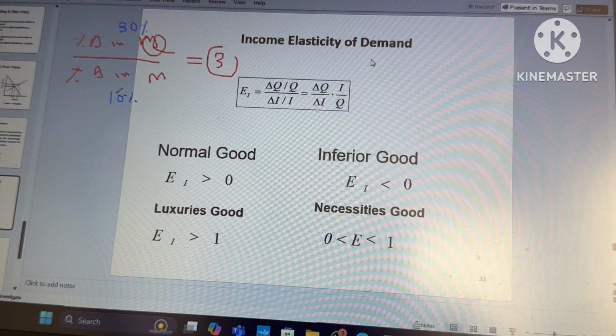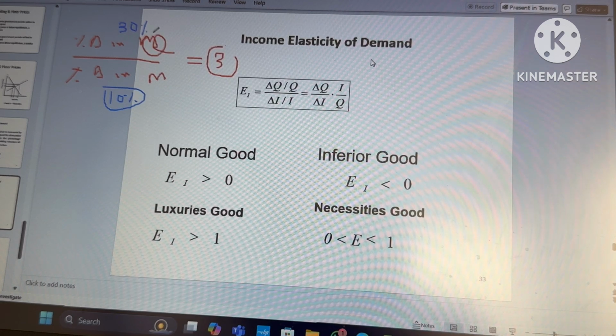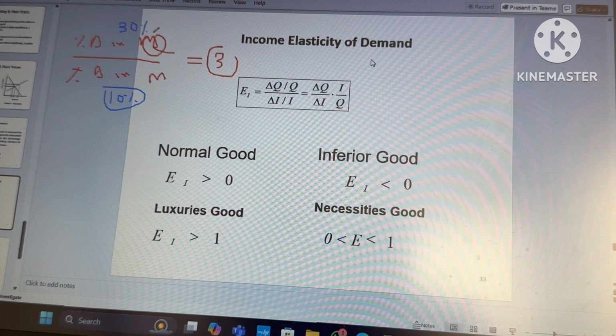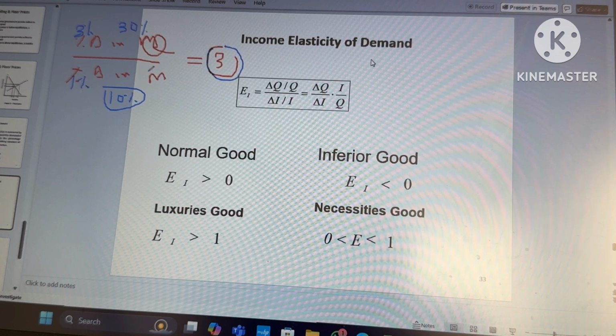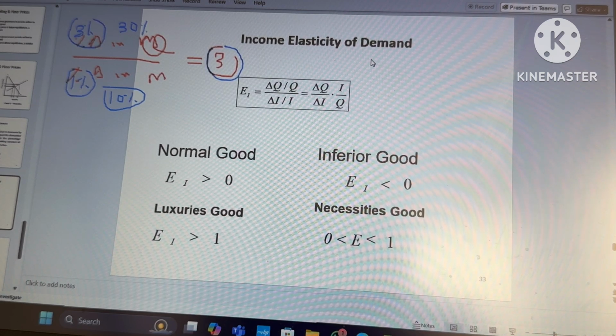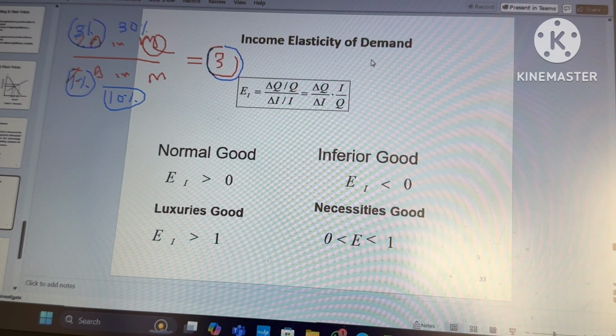That means for every 10% increase in your income, you are going to increase the demand by 30%, 3 times higher. Or you can put 3% here and 1% here, and you still get the same answer. Every 1% increase in income will increase the demand by 3%.